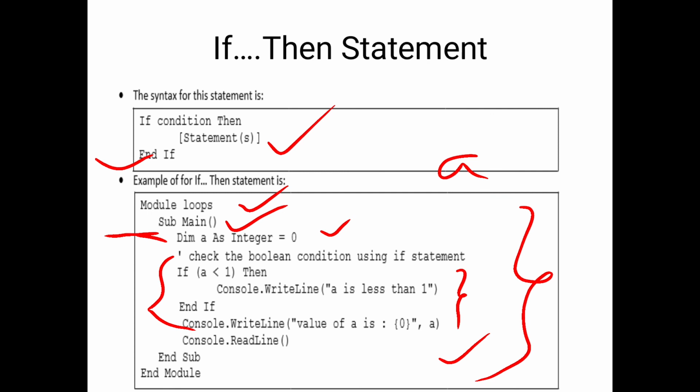So what happens with this program? We have already declared the value of a as 0. Now if it is less than 1, yes, then it prints that a is less than 1, and the value of a is 0. So this is how you can use the if then statement.